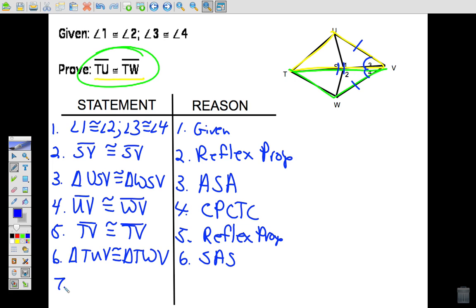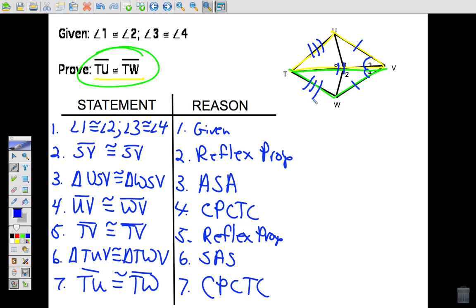Now my 7th and last statement, I can say that TU is congruent to TW. Reason, what usually follows two congruent triangles? Corresponding parts of congruent triangles are congruent. So I can say that this side is congruent to this side, they're corresponding parts, and that's what we wanted to prove.